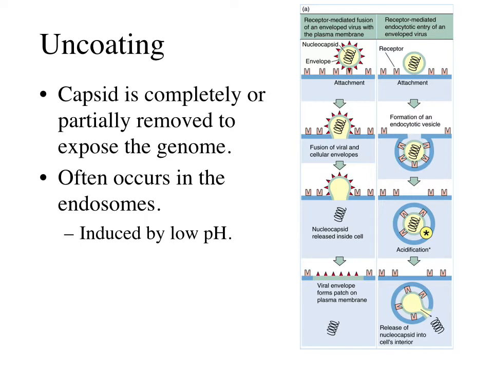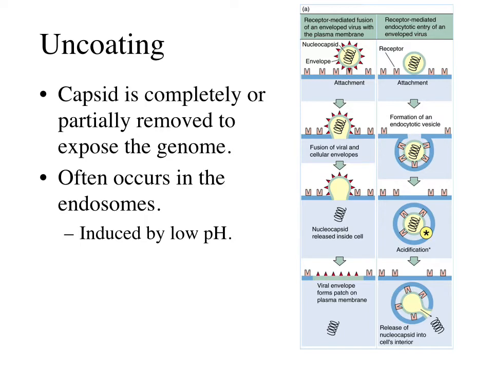Acidification is a really important step in this, and that's why this process often occurs in endosomes, because endosomes will pump protons or hydrogen ions into vesicles using the so-called proton pump. And as the hydrogen ions are moved in, the pH within the endosome drops.